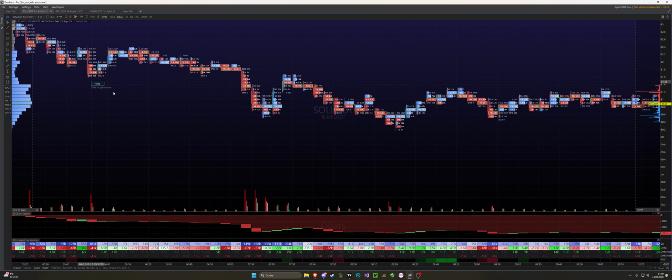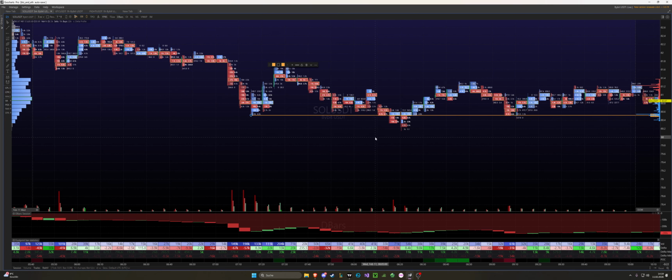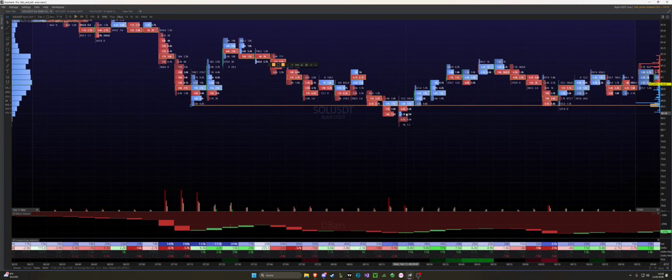So what we can do is mark this swing low, and then check what happened below it. Below this swing low, we got some selling, like here we had 11k sellers, 14k sellers, and then on the next candle these people reduced, like we had 6k sellers, 1.2k, which is very little, and then 8.3k.